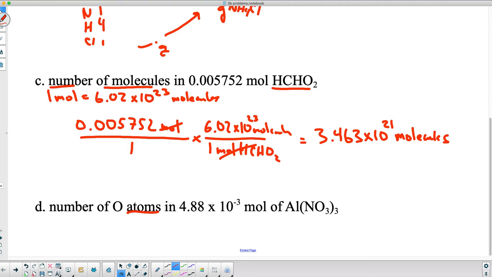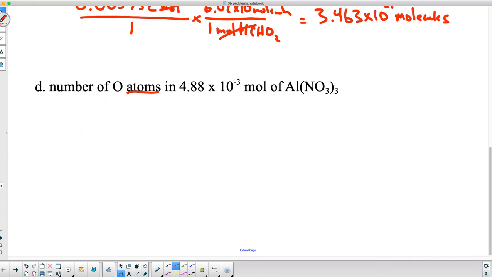Let's take a look at the next one. I'll let you answer the problem, but we'll start off with 4.88 times 10 to the negative third moles of aluminum nitrate.